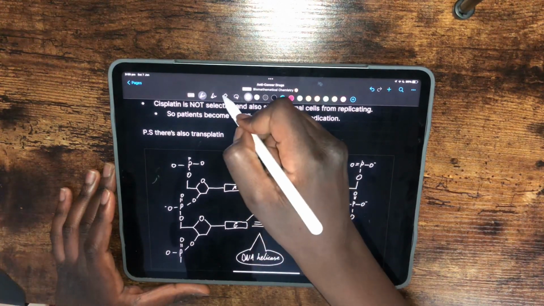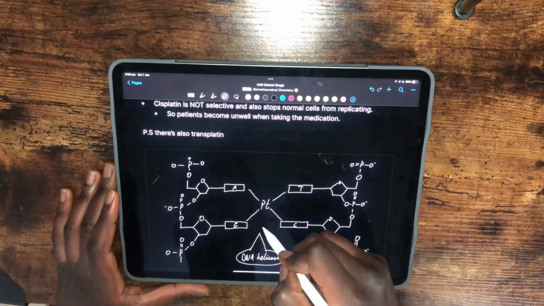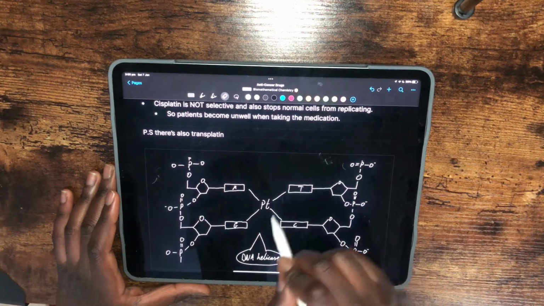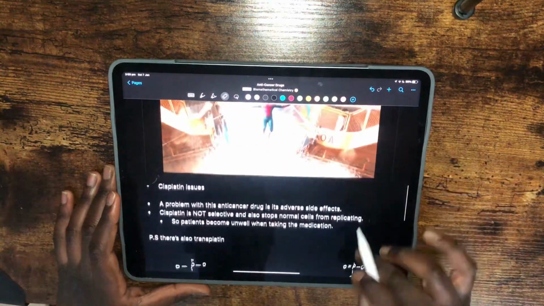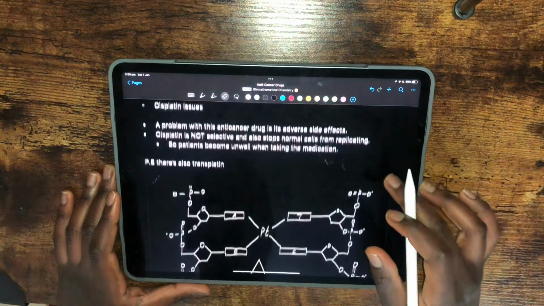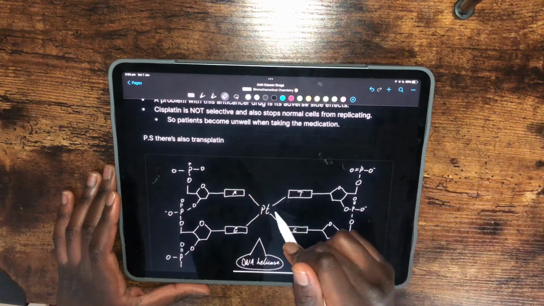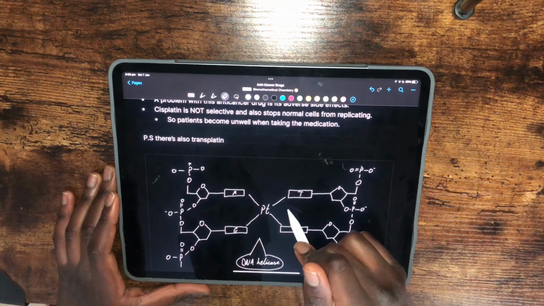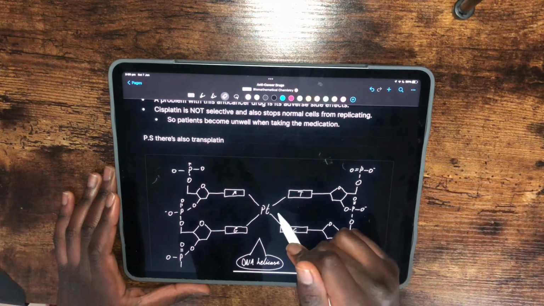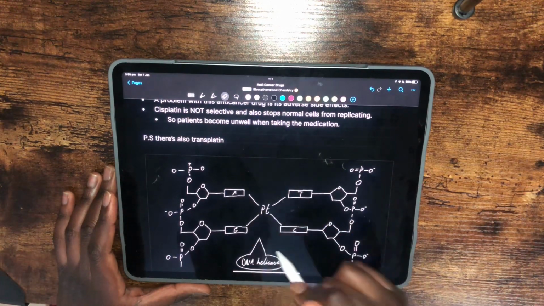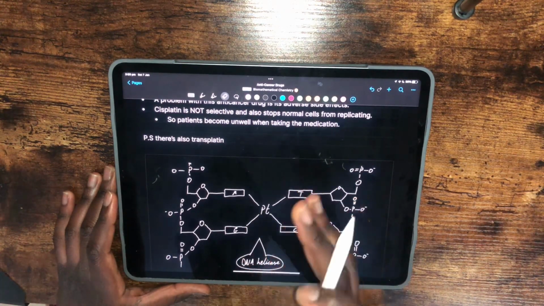What happens here is the ligand exchange reaction would happen, and you'd get rid of your ammonia and your chlorine, and platinum would now just form a dative bond with the nitrogenous bases, and that's all it is here. It's just preventing that.